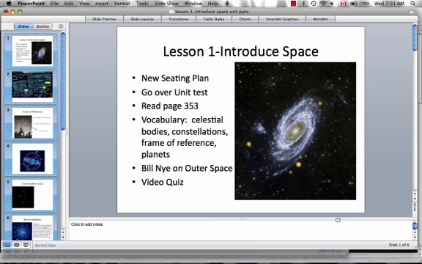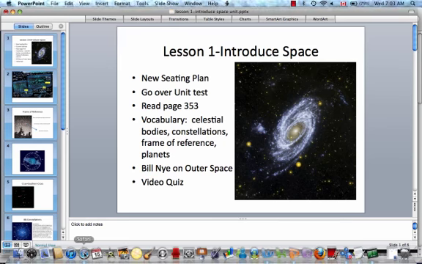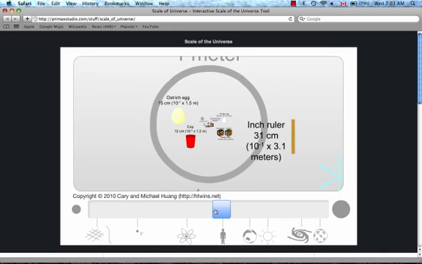Further to that, let's go to a website that I found that does the same thing. So this has given us an idea of the scale of the universe. We're going to start at the human level and what we might see. Within the circle, the Rubik's cubes, a cup, an ostrich egg.